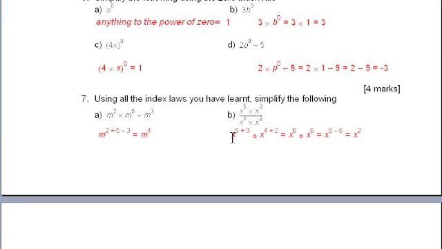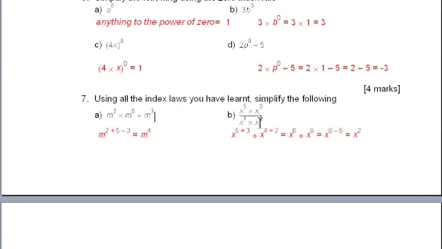Alright, okay, what I've done here is you've got the top part of this fraction here. So you've got two numbers here, both to the base x, and they're multiplied, so it's x to the power of 5 plus 3. And this fraction bar, remember, means it's a division, so we're dividing here.